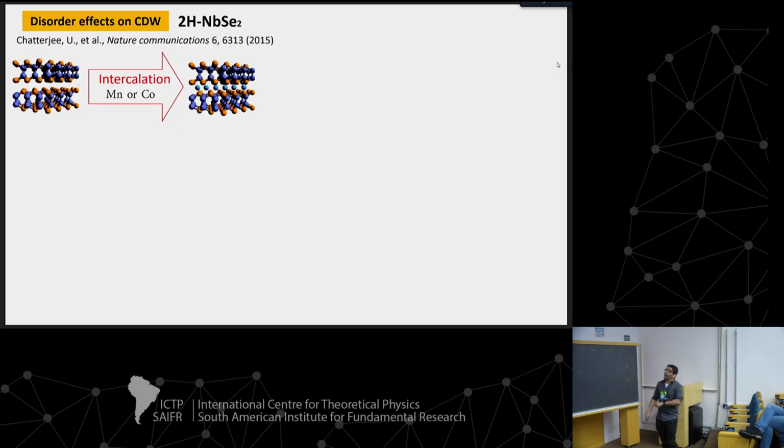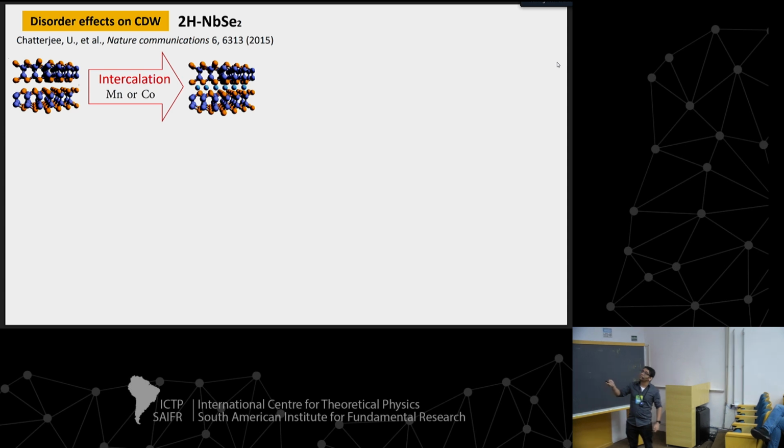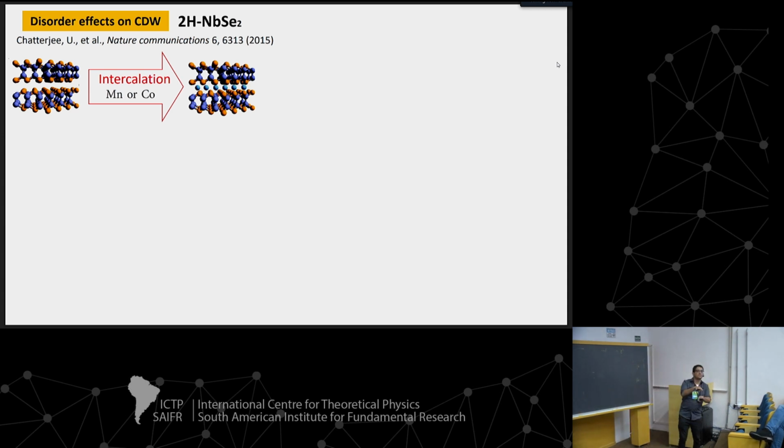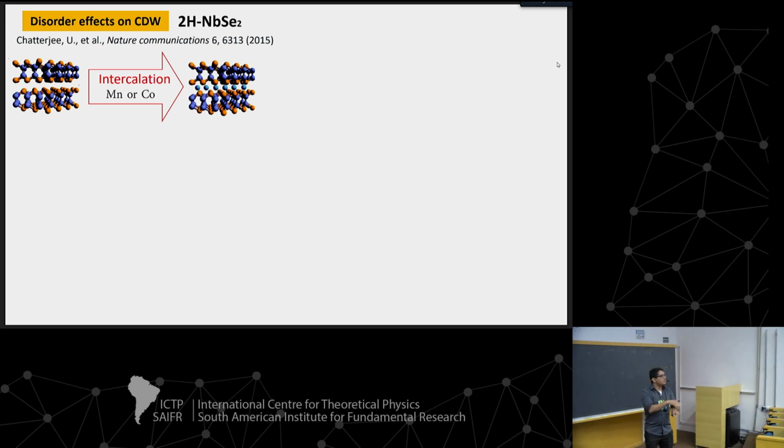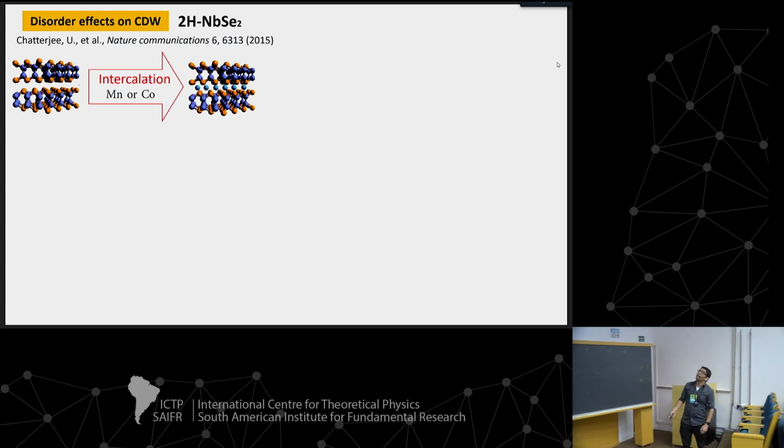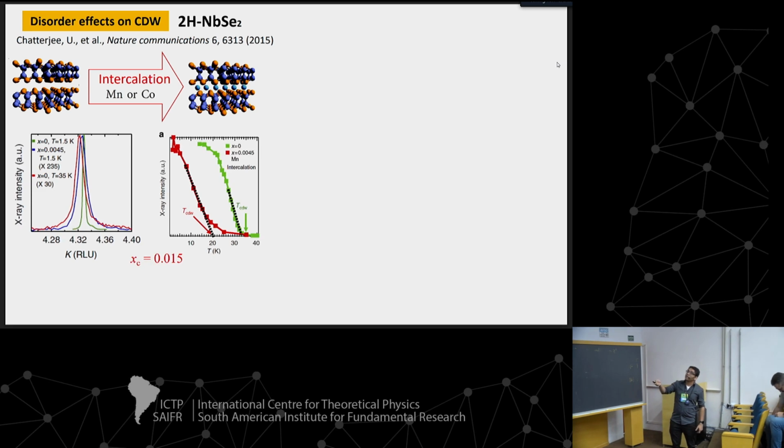So we can introduce disorder by applying, for instance, intercalation. Transition metal dichalcogenides have weakly coupled layers, and you can put atoms in the space between layers. When you do this, for instance, for niobium diselenide, one main characteristic is a broadening of your X-ray intensity peak.